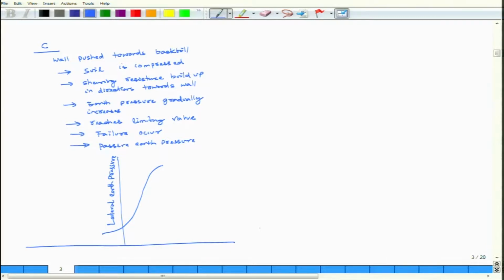If I am drawing it, particularly this point, this is your active pressure, and this part is earth pressure at rest, and from here to here, it will be passive earth pressure.